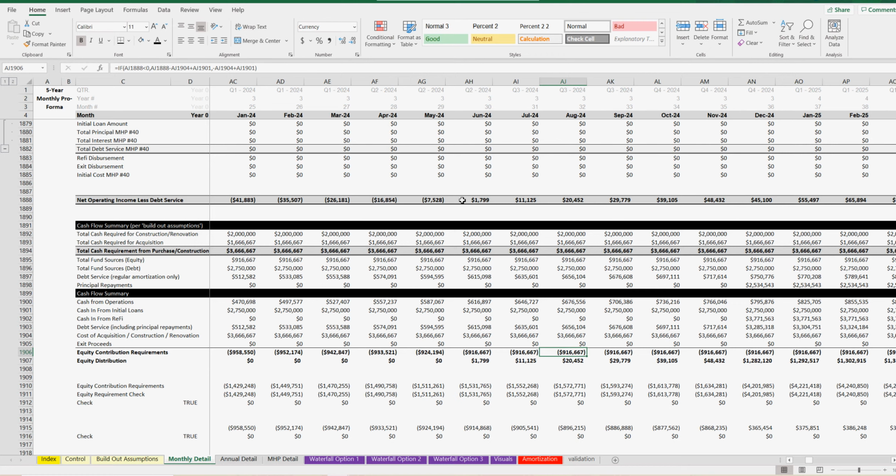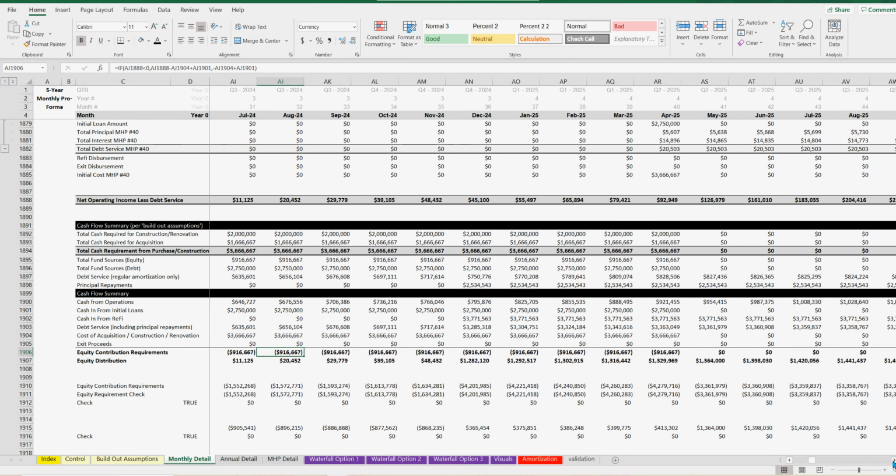So you still have that equity requirement happening, which is the cost of the park. And now that net operating income is greater than the debt service, that's actually distribution. So now the only cost hitting this equity is just new developments.